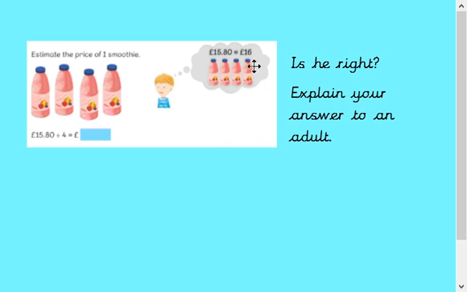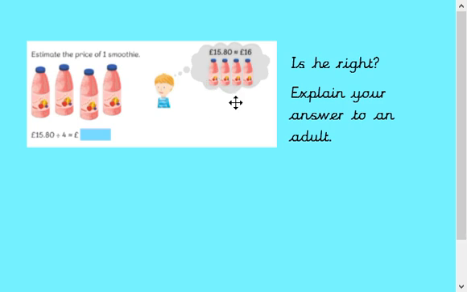Okay, well, the chap here is partly right. What he's saying here, for 4 of them, is £15.80, and we need to round it up to £16. He's correct with that. We're rounding it to the nearest pound, that would be £16.